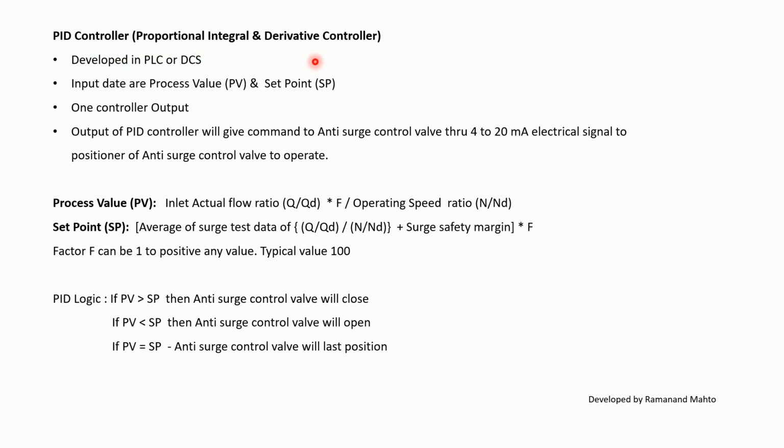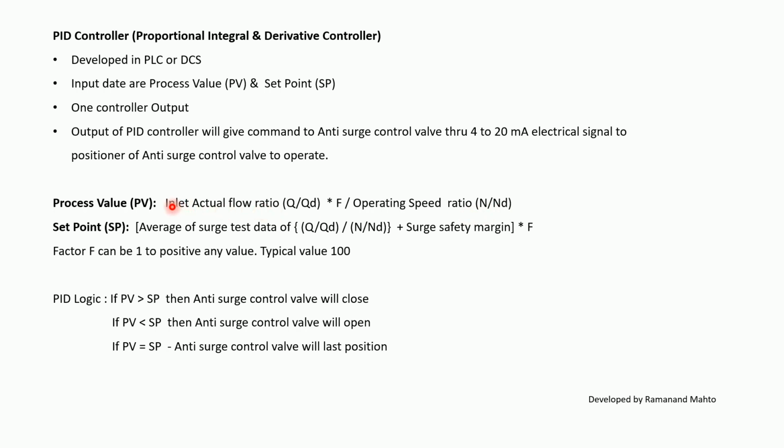The PID controller, proportional integral derivative controller, is developed in PLC or DCS. Input data are process value, PV, and set point, SP. There is one controller output. The output of the PID control will give a command to the anti-surge control valve through a 4 to 20 milliampere electrical signal to position the anti-surge control valve. Process value is the inlet actual flow ratio Q by QD into F upon operating speed ratio, that is N by ND.